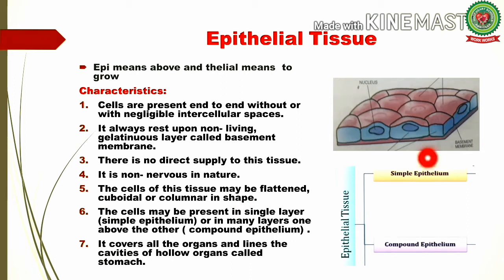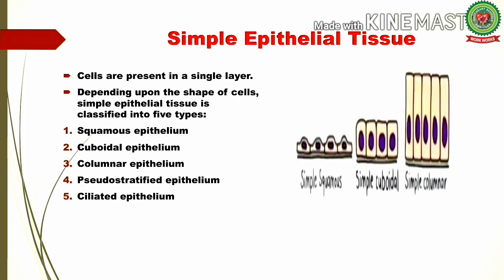Now students, as we have discussed, cells may be present in a single layer or many layers. So, depending upon the number of layers of cells, the epithelial tissue is of two types. One is simple epithelial tissue and another is compound epithelial tissue.